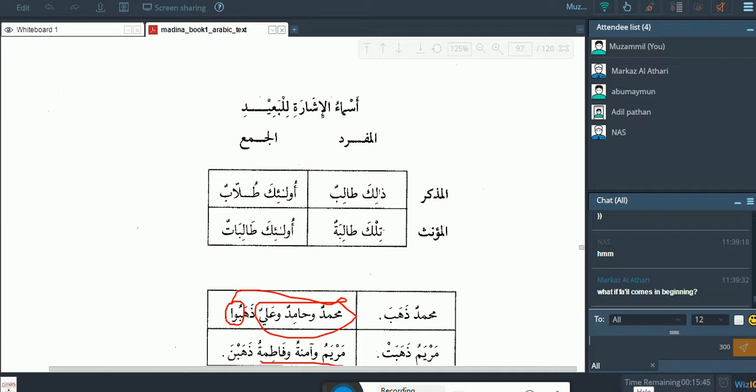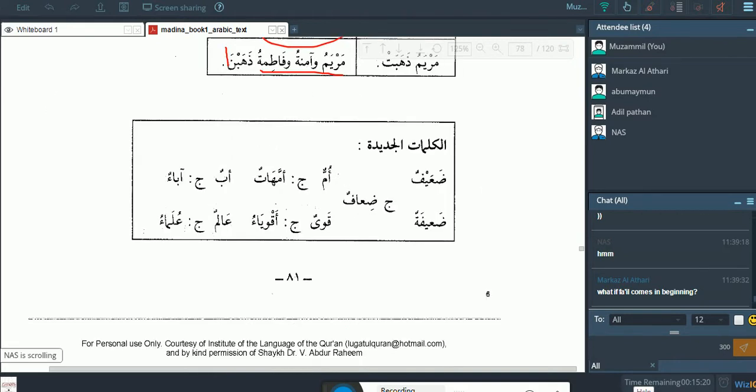Dhahabna refers to Maryamu wa Aminatu wa Fatimatu. They went. A group of females. Whereas if this had an alif at the end of it, dhahabna, that means we went. Jayed.